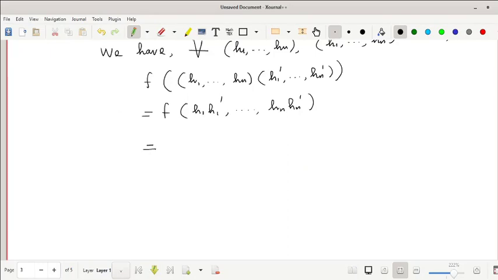By definition, this is equal to h1 h1 prime dot, dot hn hn prime, right? But here is the catch.